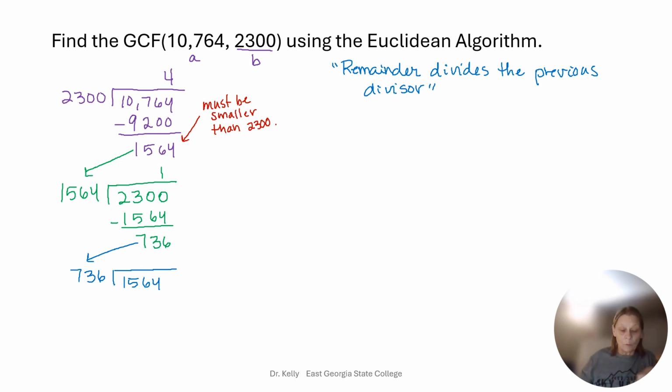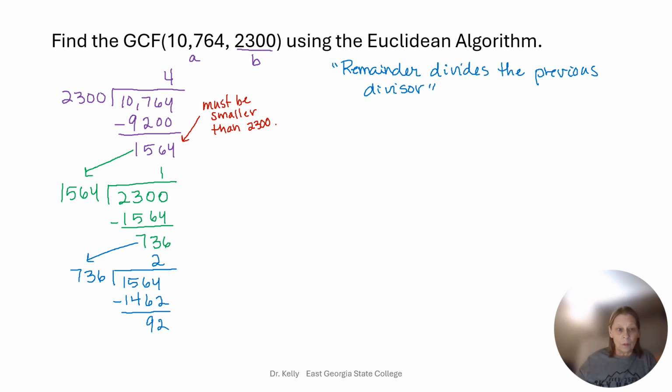Okay, and so we keep on doing this. Let's see, this goes in 2 times because 7 times 2 is 14, so it should fit. If we do that math, we get 1,462. Subtract that, we're left with 92.